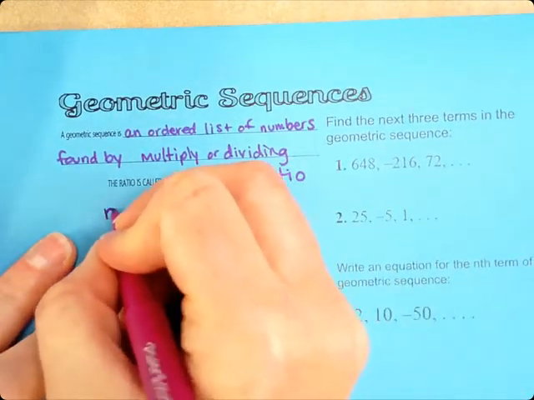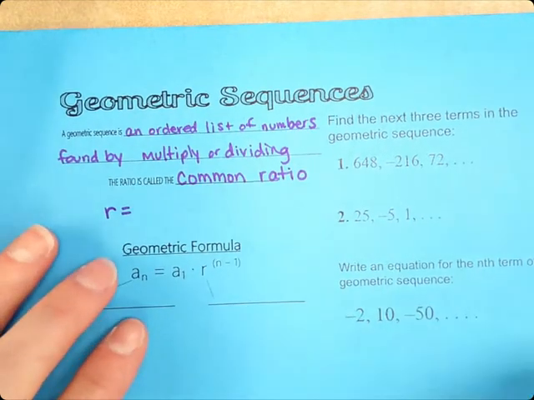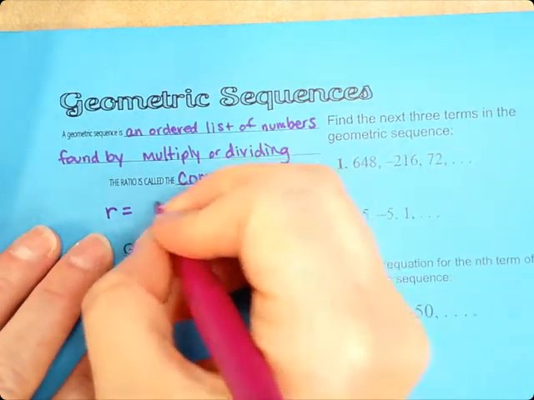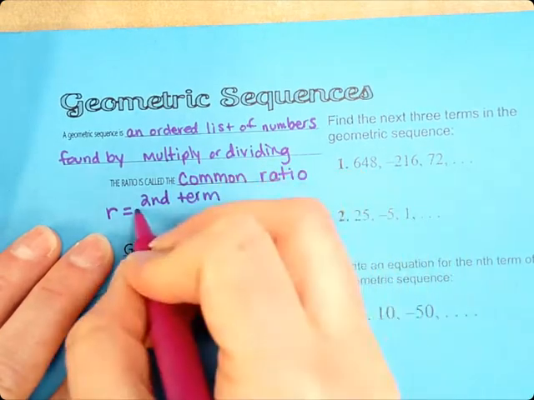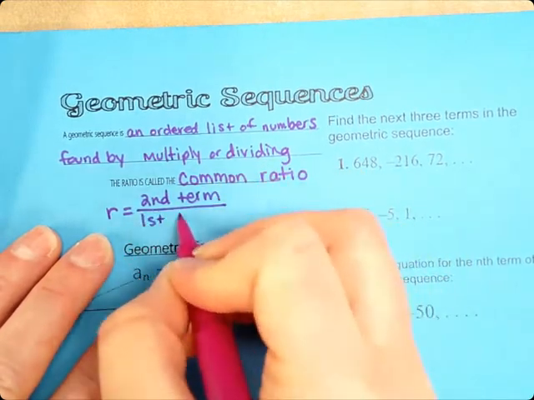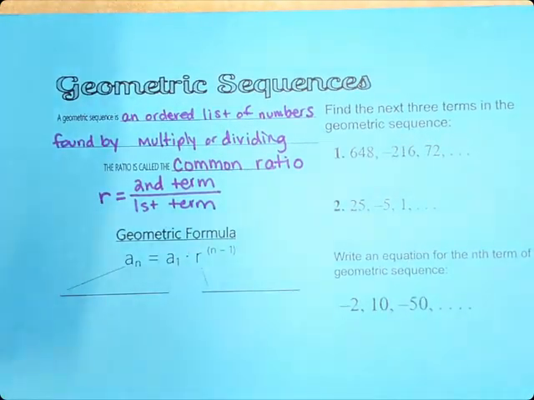So it's going to be r equals your second term divided by first term. Sometimes you'll see this as a2 divided by a1. With geometric sequences, we can use g sometimes.